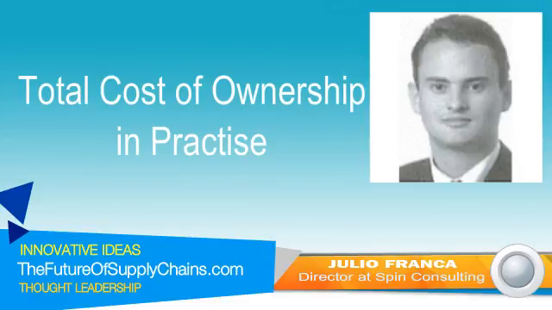What else can TCO tell you? Well, once you've done that, once you identify your network and your flow, I think as a consequence, total cost of ownership will clearly show you which are the inefficiencies that you have in your supply chain, from your supplier to your own site or to your third party.